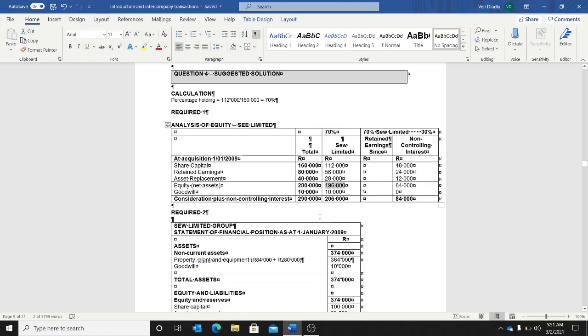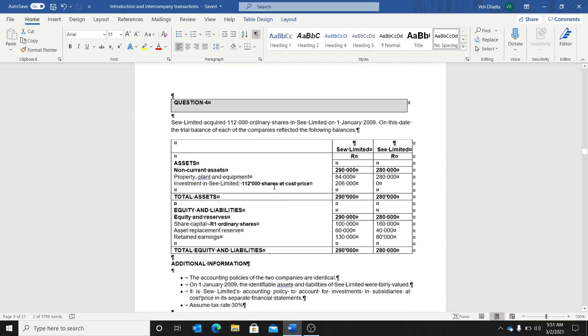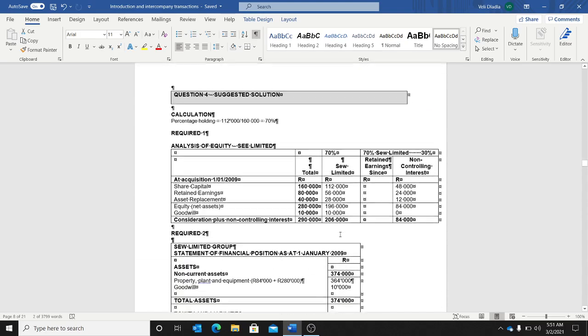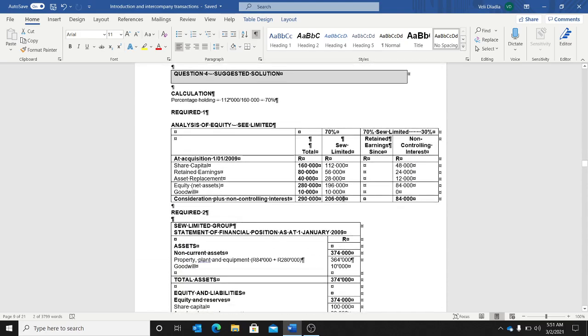196, which is this one. But you paid how much for it? You paid 206. Right, you paid 206. Now, if I pay 206 for this, it means I've got a goodwill of 10. 0 plus 10 is 10 here in the total column.